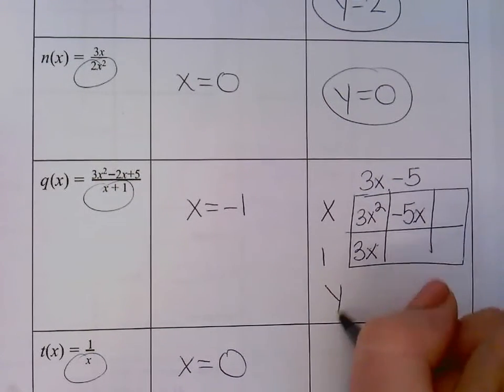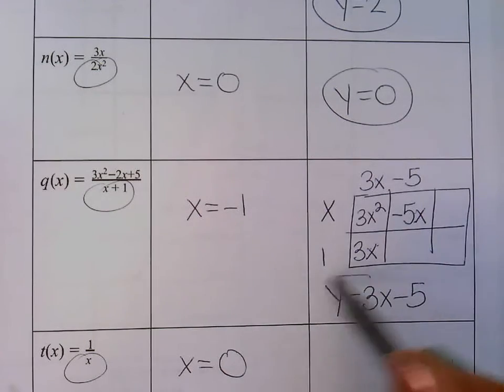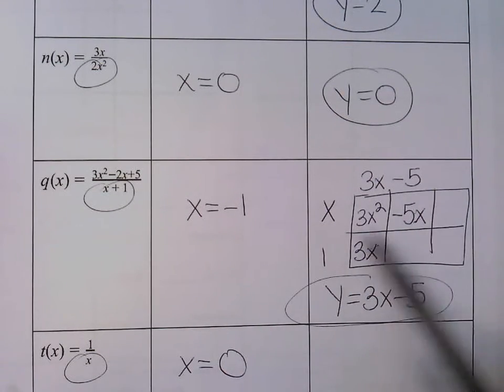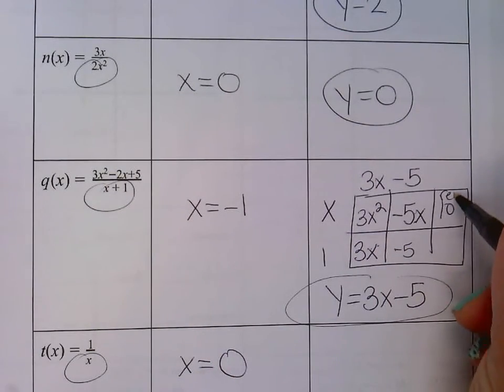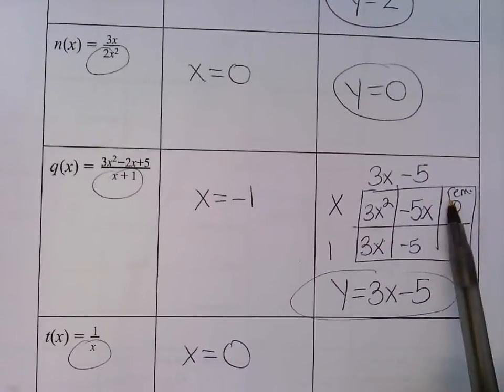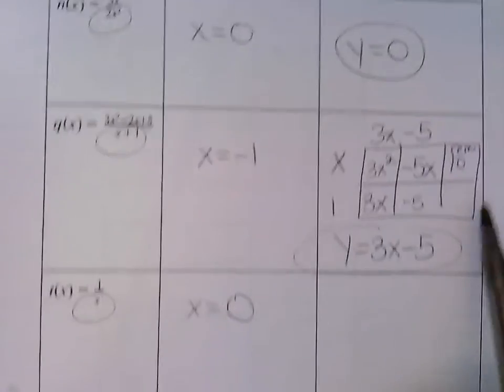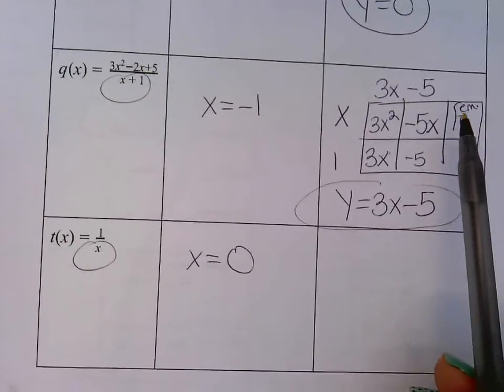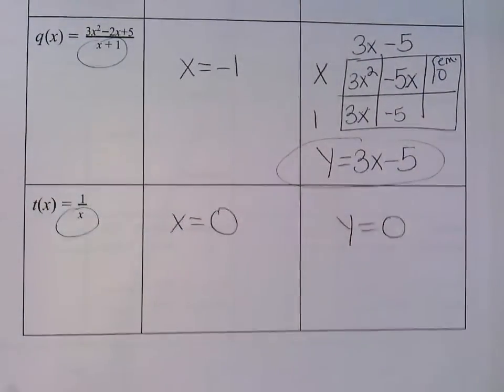So it looks like my asymptote is 3x minus 5. I could finish this. Negative 5. I'm trying to get to 5, so remainder of 10, right? It's just nice that there is a remainder. If not, there's a problem, there's a hole, and they were factors of each other. So it's nice that there is a remainder. And then this last one, the denominator's bigger, so y equals 0.